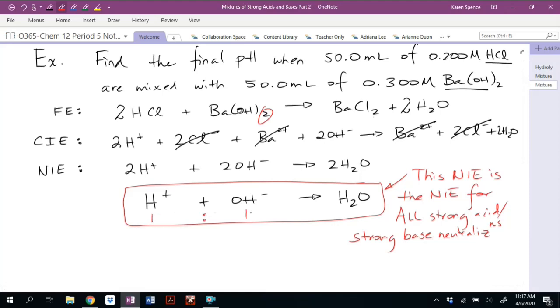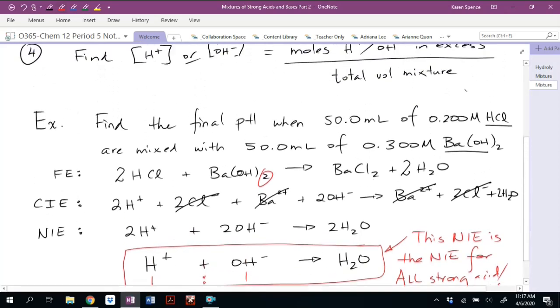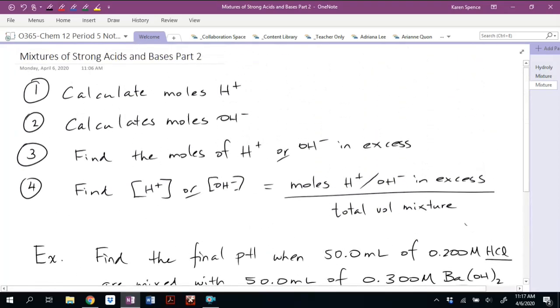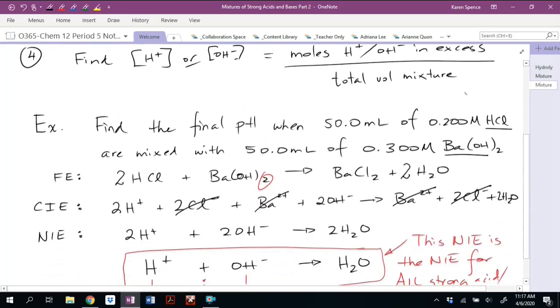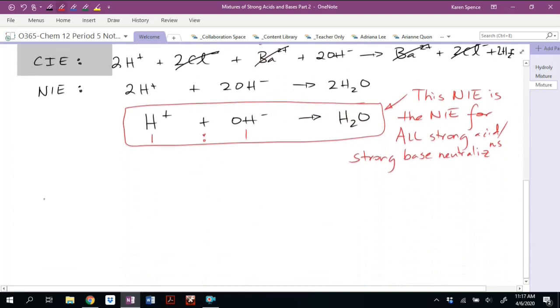So we're going to go back to our original question and we're going to do our fun stuff, which is number 1, calculate the moles of hydrogen. That's the first thing we're going to do. And the moles of hydrogen are going to come from our HCl. So we have 50 milliliters of 0.200 molar HCl.